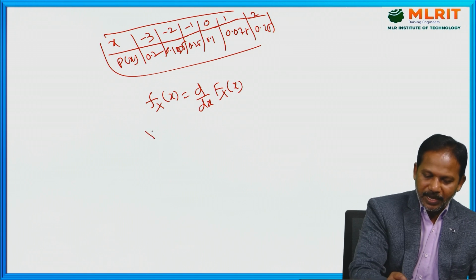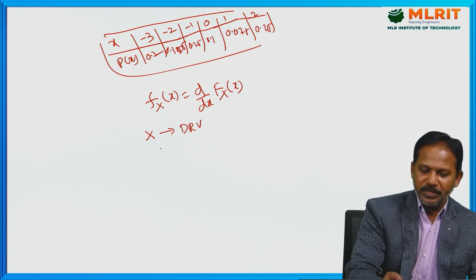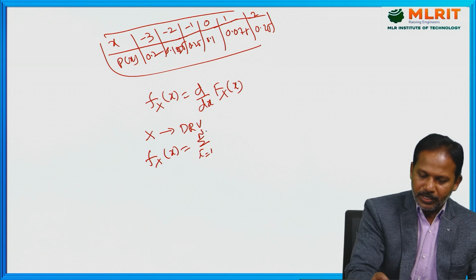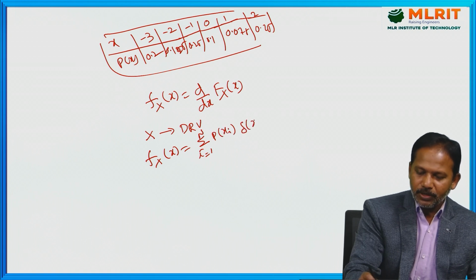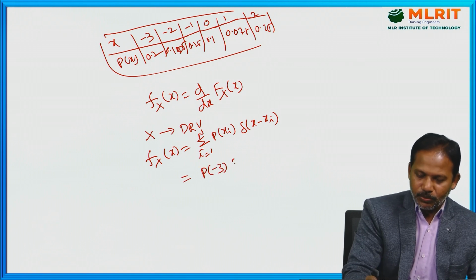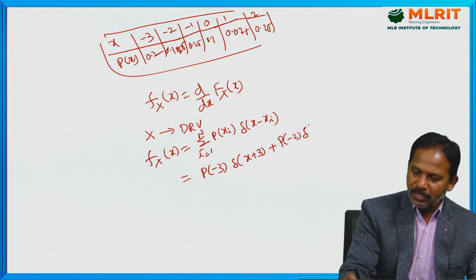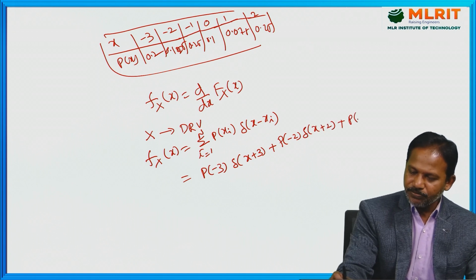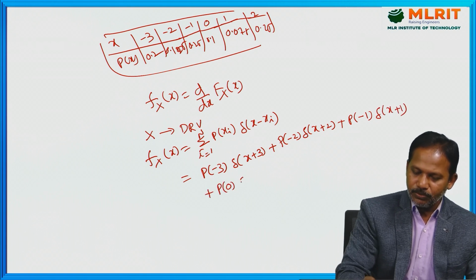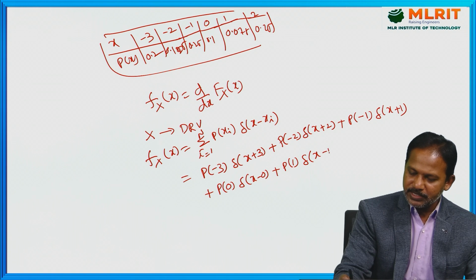Here, my random variable x is a discrete random variable, so simply I can write fx of x is equal to summation of i equal to 1 to n p of xi into del of x minus xi, that is p of -3 into del of x minus of minus 3, that is del of x plus 3, plus p of -2 into del of x plus 2, plus p of -1 into del of x plus 1, plus p of 0 into del of x minus 0, plus p of 1 into del of x minus 1, plus p of 2 into del of x minus 2.